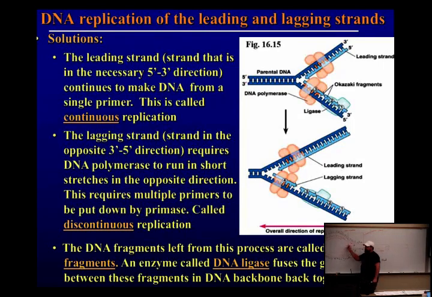So on this fork, the top strand is the leading or continuous strand, and the bottom strand is the lagging or discontinuous strand. But over here, the bottom strand is the leading or continuous strand, and the top strand is the lagging strand. Do you guys see that? Okay.